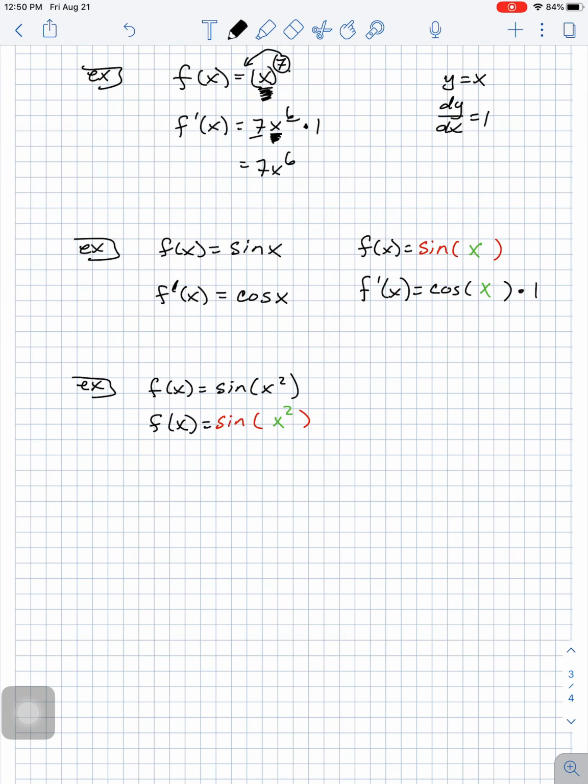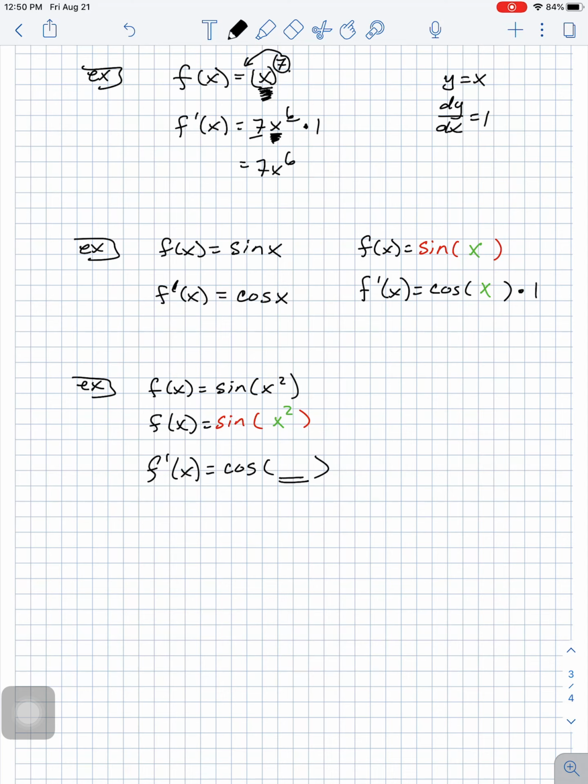The chain rule says the derivative of the outside function, so the derivative of the red, is cosine. And the trick is when you're taking the derivative of the outside function, don't ever write x. It's always like a blank spot, a parenthesis, a box, if you will. So you're just saying the derivative of the outside function is this derivative with a gap in the middle. That's what this spot is.